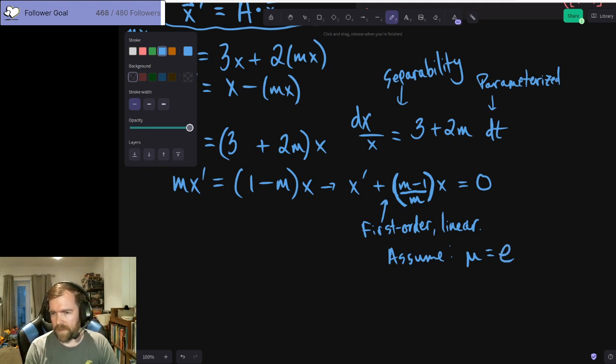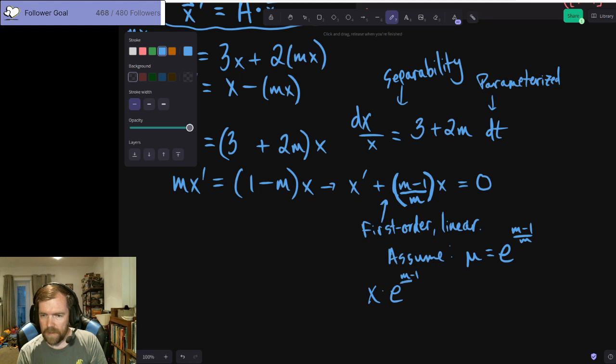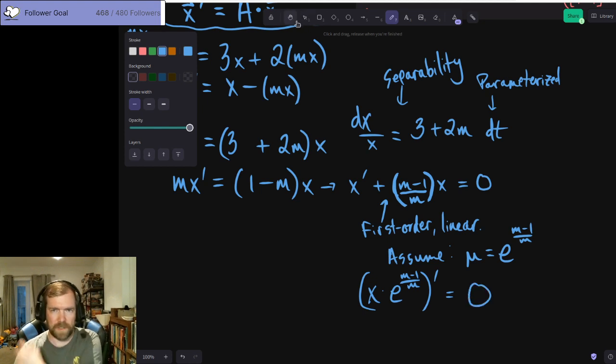So in this case, that's going to be e to the 1 minus 1 over m, or m minus 1 over m. Dealer's choice, really. So we're going to end up with x times e to the m minus 1 over m, parentheses, is going to be equal to 0, and so this is going to be equal to a constant, and then it's going to slide over to the other side.